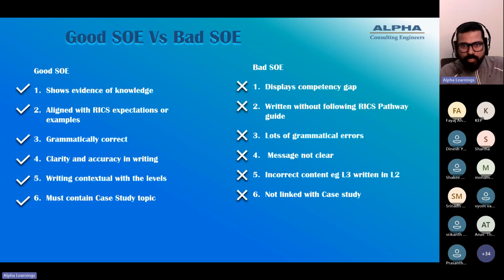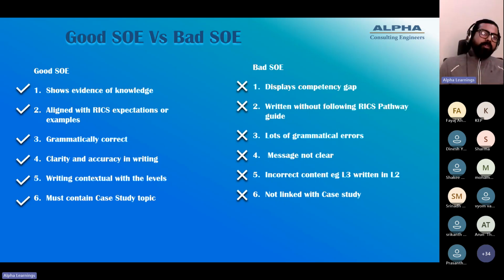But it's not like that. In level 1, you have to write what you know. In level 2, you have to write what you have done. Again, few candidates write what they have advised in level 2. And in level 3, they don't write about what they have advised. They simply keep on writing what they have done. So that is called mixing of the levels. They generally do this. This is a very common thing.